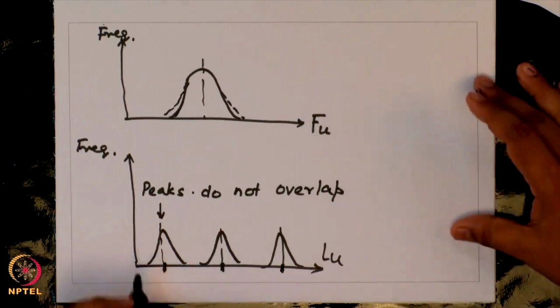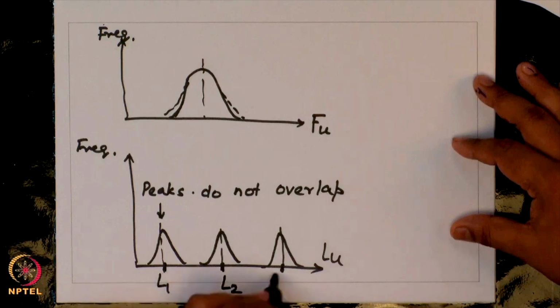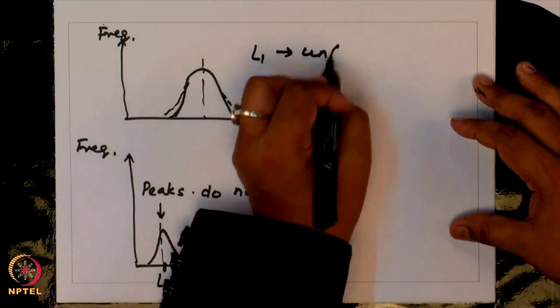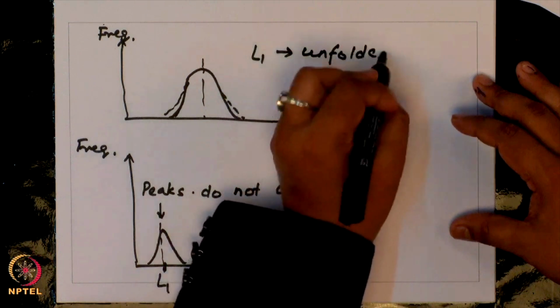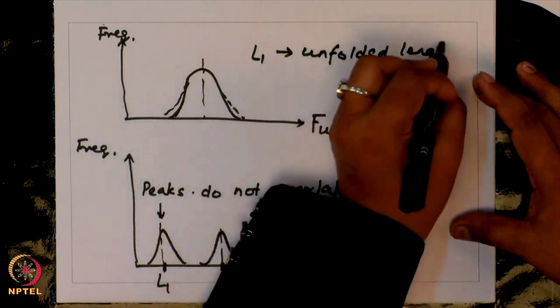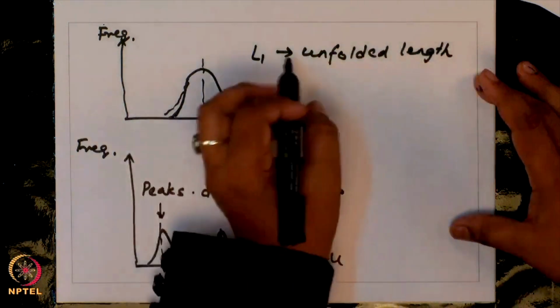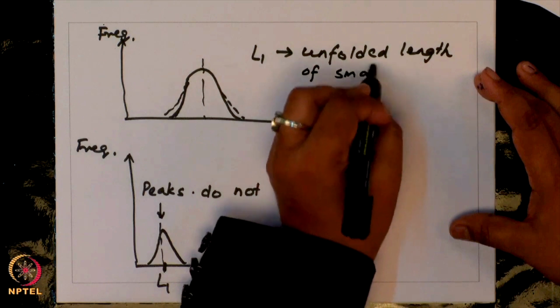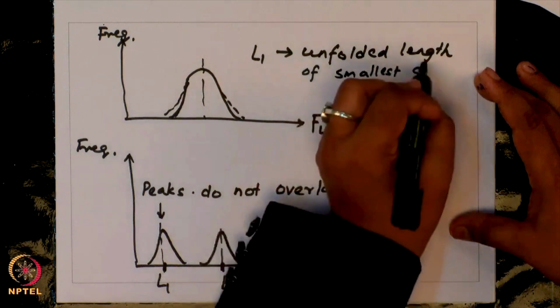So each of these lengths, let us say L1, L2, L3. L1 is the unfolded length of the smallest domain.